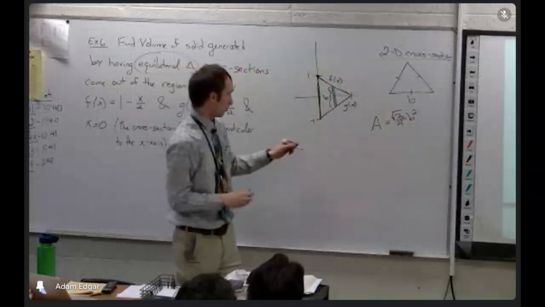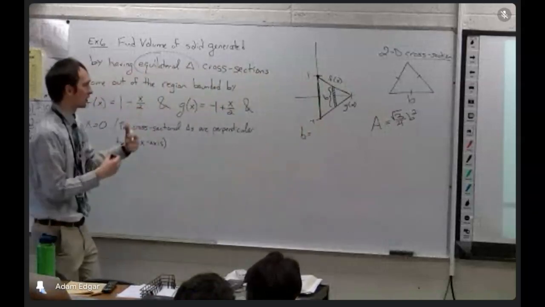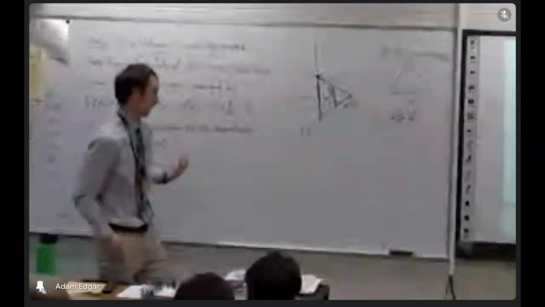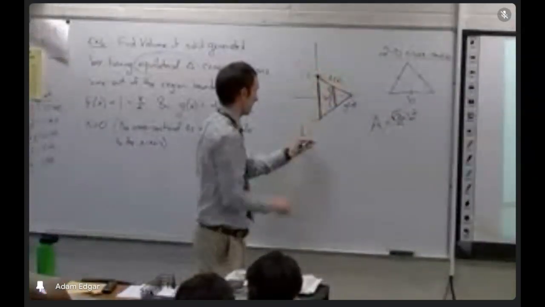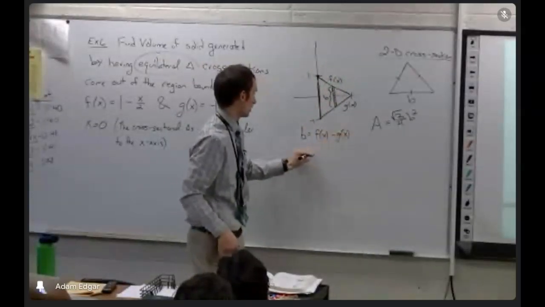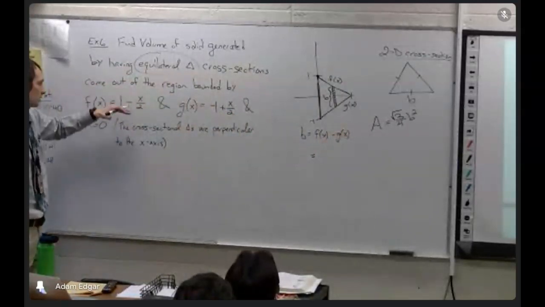What is B in terms of X? How far is it from the top curve to the bottom curve? That's going to be f of x minus g of x, because the top curve is always f of x, and the bottom curve is always g of x in this scenario. So when you do that, f of x minus g of x is 1 minus a half x.